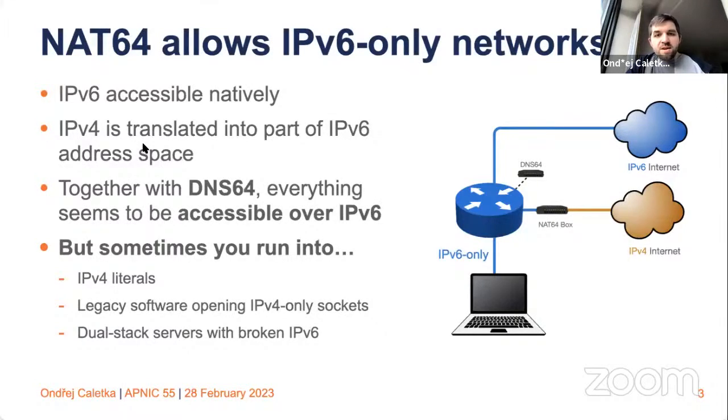You take part of the IPv6 address space and translate it into IPv4. Whenever somebody wants to reach an IPv4-only resource, they can do it via NAT64. Together with DNS64, which is a trick with DNS, the end device can have a feeling that everything is accessible over IPv6, so it doesn't have to care about IPv4 at all.